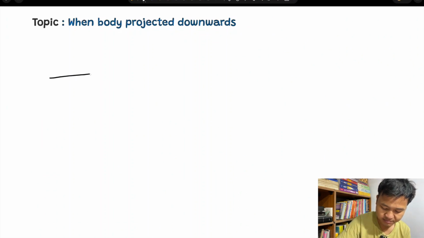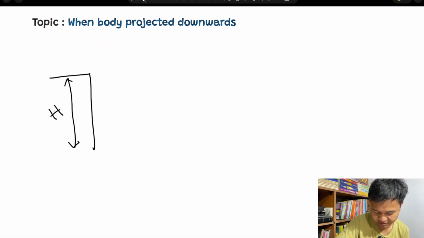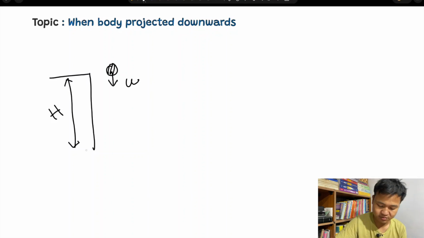Okay, so now the next concept: when a body is projected downwards from a certain height. Suppose I am at a certain height, let's say height h. The body is thrown downward with initial velocity u. Can you tell me how to find the final velocity?